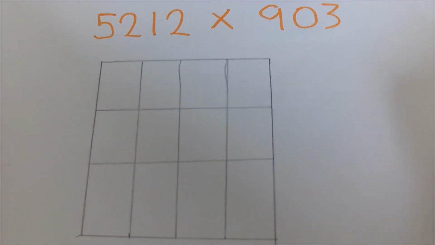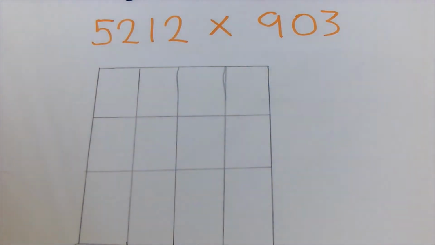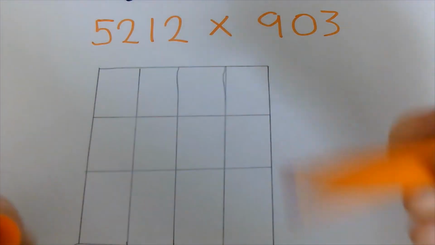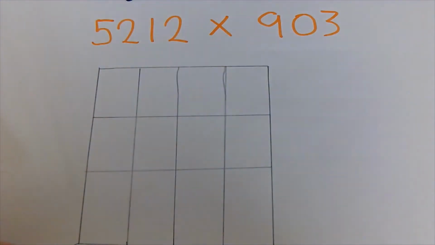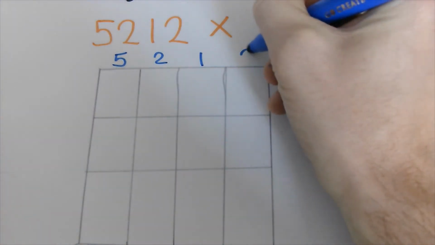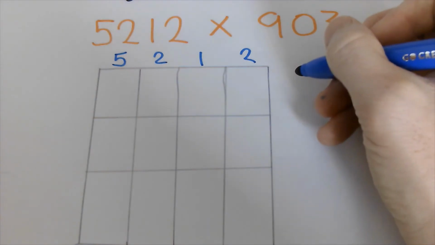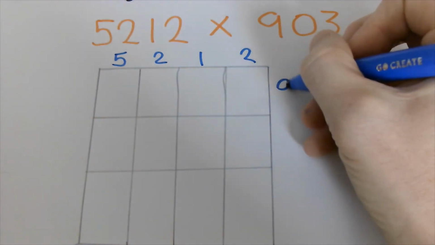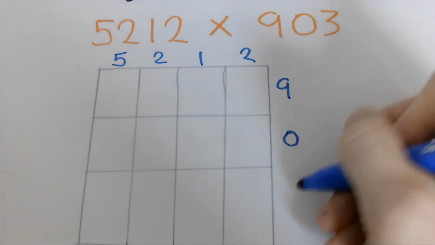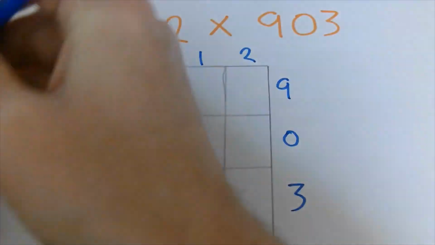let's say we had a sum like this: 5,212 times 903. So we can split this up into 5, 2, 1, 2 and 9, 0, 3.